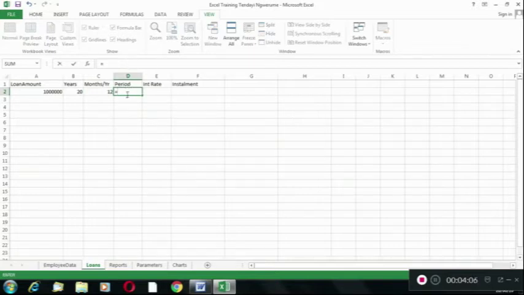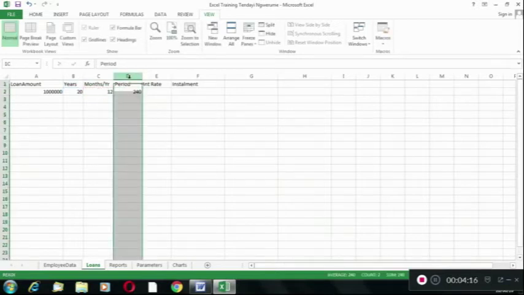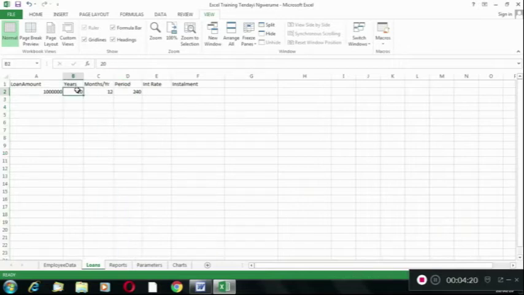We say equal to the years times the months per year. This makes it easier for us when we change the number of years. We don't have to do a calculation outside to translate it into number of months or periods.